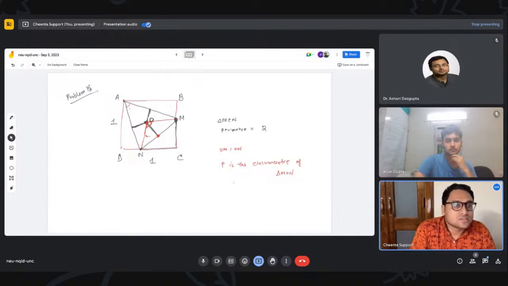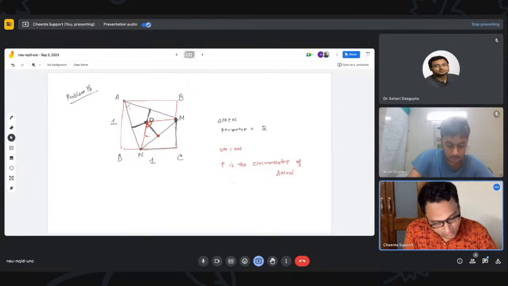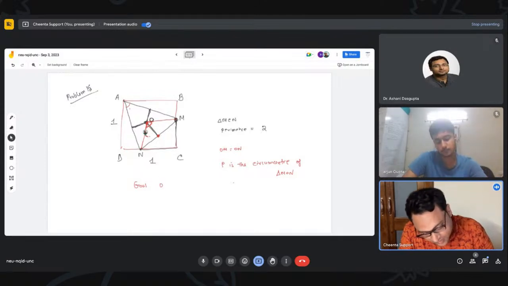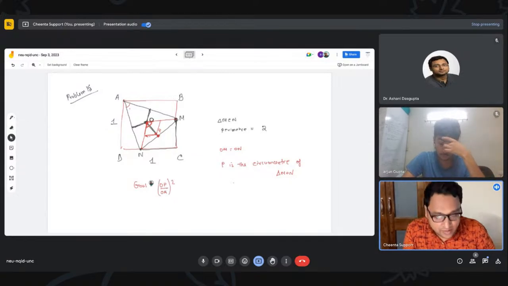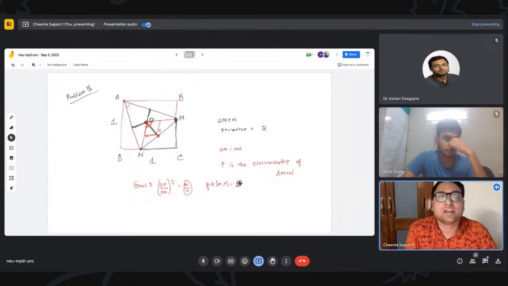So what we want to find out, our goal, is OP over OA, whole square. Suppose this is M by N, where M and N are relatively prime, so the GCD of M and N is 1.